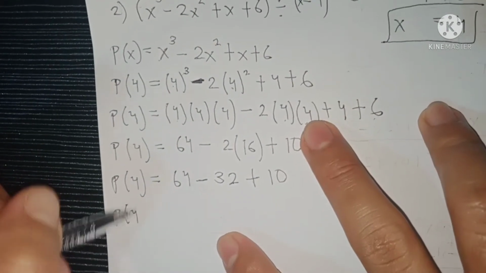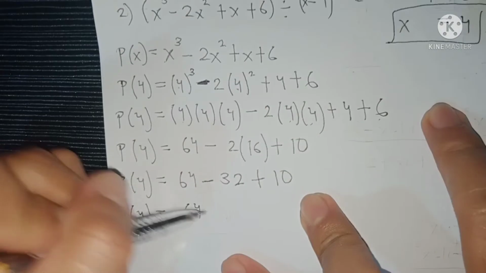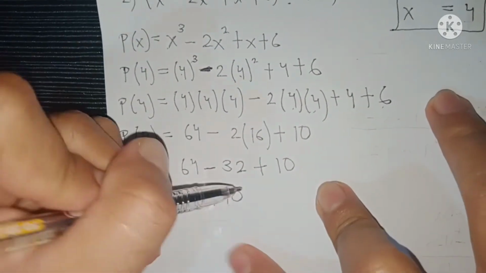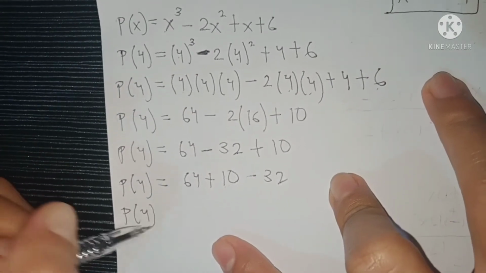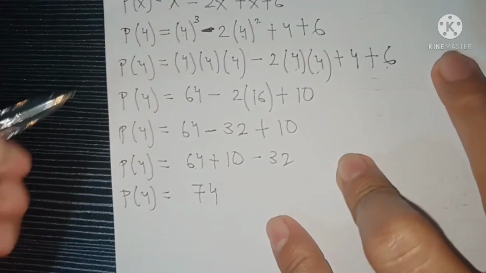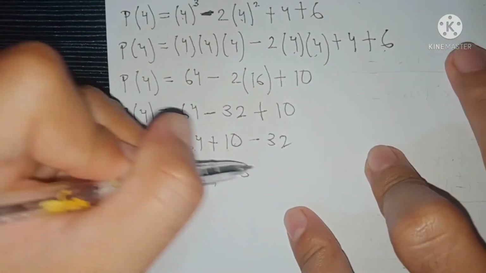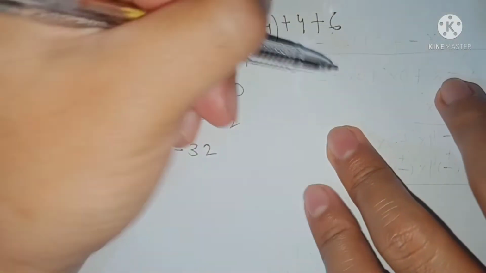So p of positive 4, pag samasamahin muna lahat ng positive, so you have positive 64, positive 10, and then minus 32. So p of 4 equals 64 plus 10 is 74, and then minus 32. So i-take ko din natin vertically, vertical approach.